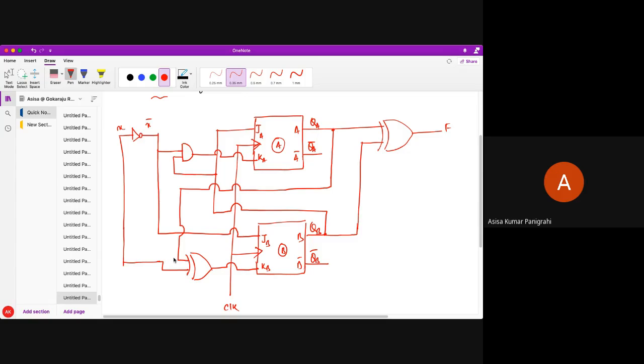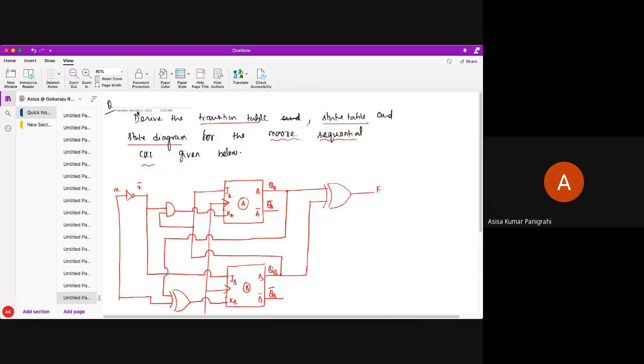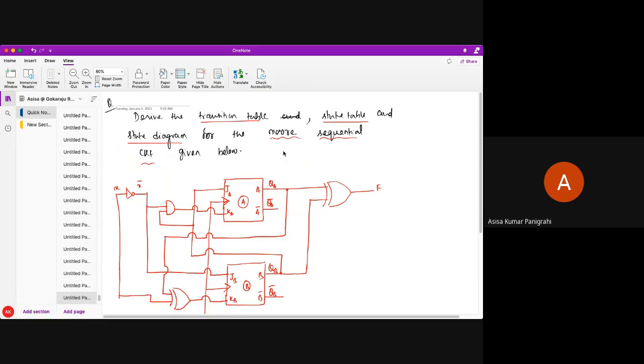Okay, so this is the circuit given to me. So do you all understand what you need to do? You need to derive the transition table, state table, as well as state diagram for the given Mealy circuit.